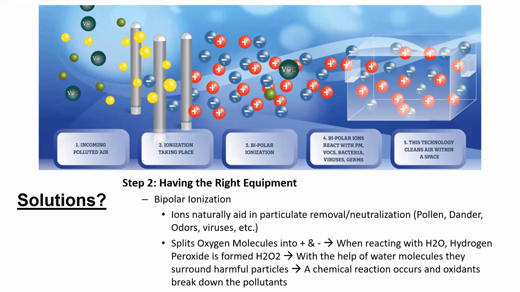They take a molecule of oxygen, O2, and split it into positive and negative atoms of oxygen. And when they react with water, hydrogen peroxide is formed. That hydrogen peroxide, with the help of water molecules, goes around the harmful particle, let's say a virus, and does a chemical reaction, and the oxygen breaks down the pollutant. And this is how it works.